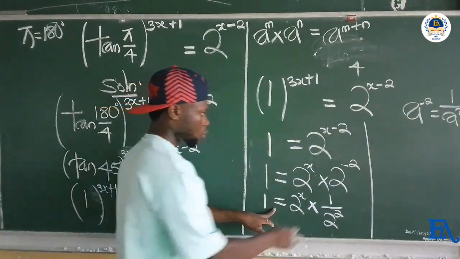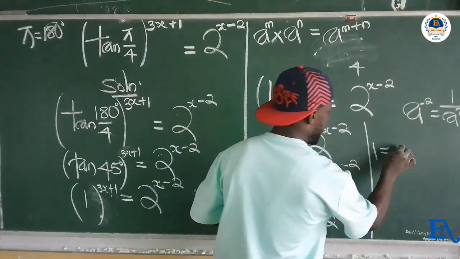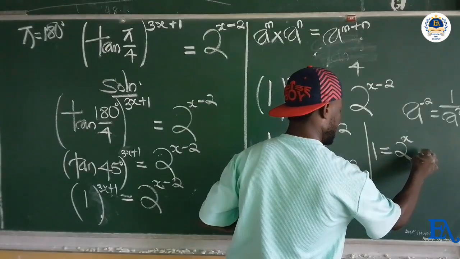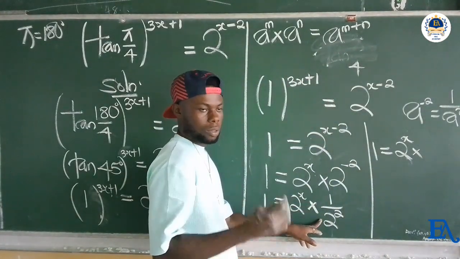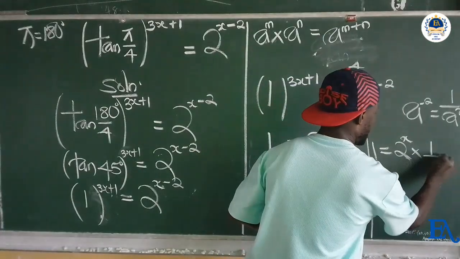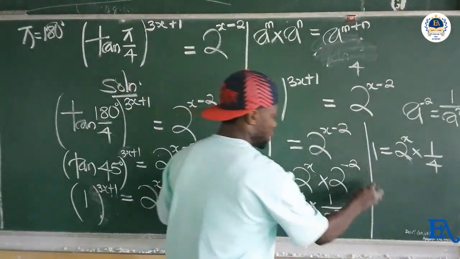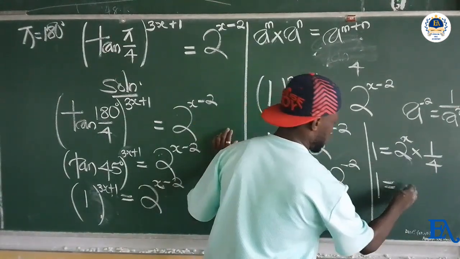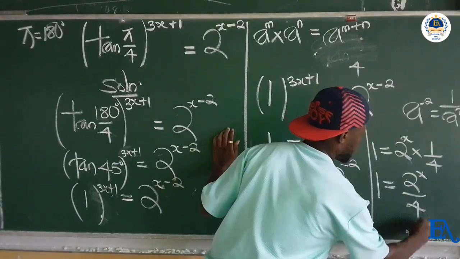So this gives 1 is equal to 2 raised to the power of x times 1 over 2 squared, which is 4. 1 over 4. If you multiply this by this, you obtain 2 raised to the power of x divided by 4.